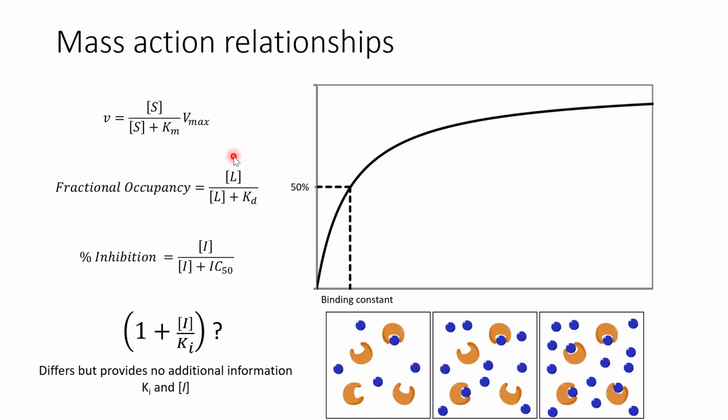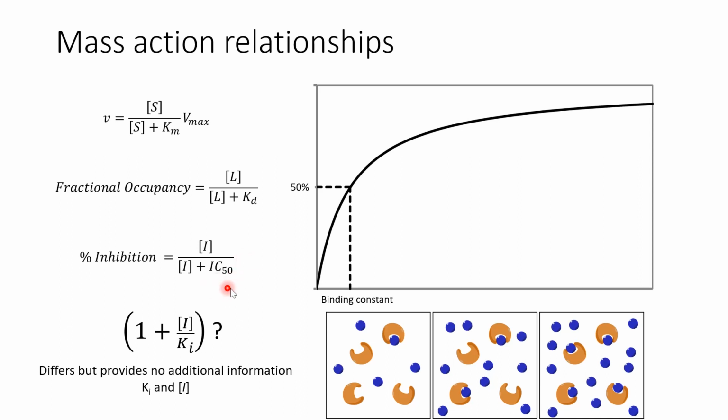And it's the exact same thing you see when you have a ligand binding to a receptor, where you have fractional occupancy. And it's even used in defining inhibition as well, where the simplest way of defining inhibition is using IC50, an inhibition constant where 50% of the enzymatic activity is inhibited.